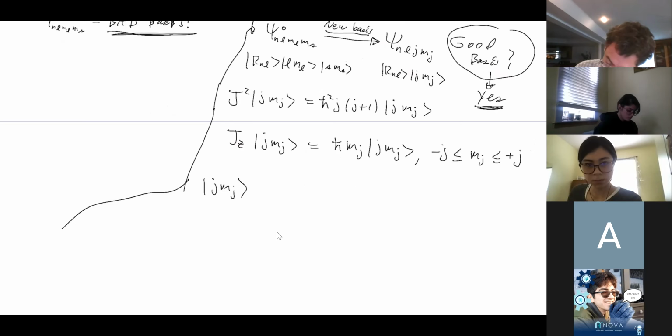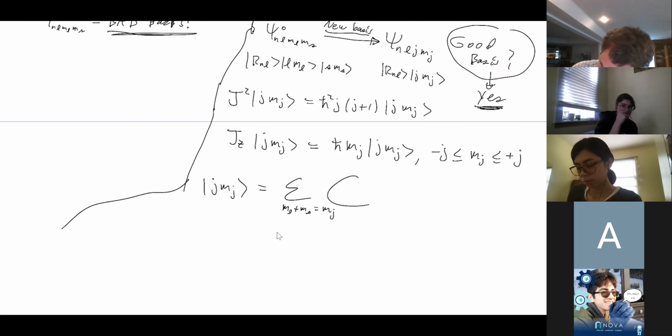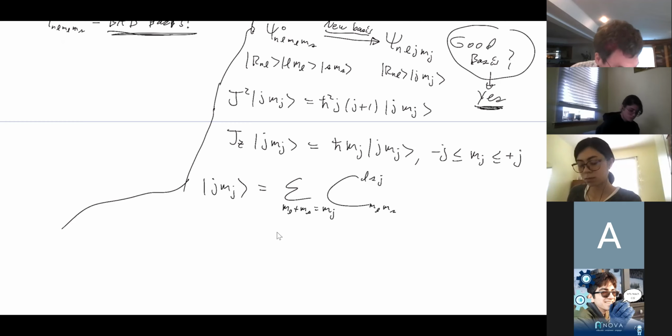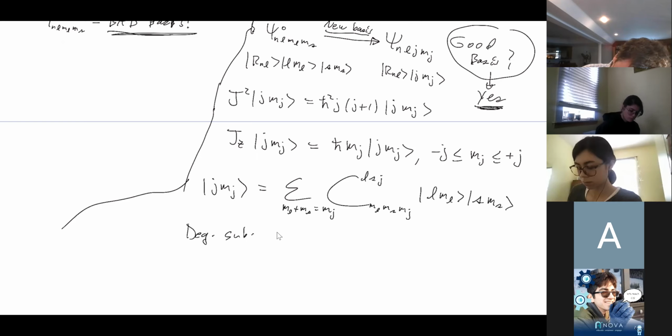And you know that you can write it as a sum over M sub L plus M sub S equals M sub J. I have a Clebsch-Gordan coefficient, which is of L, S, J, M sub L, M sub S, M sub J, and I'm summing over all the product states L, M sub L, S, M sub S, in the degenerate subspace of L and S.